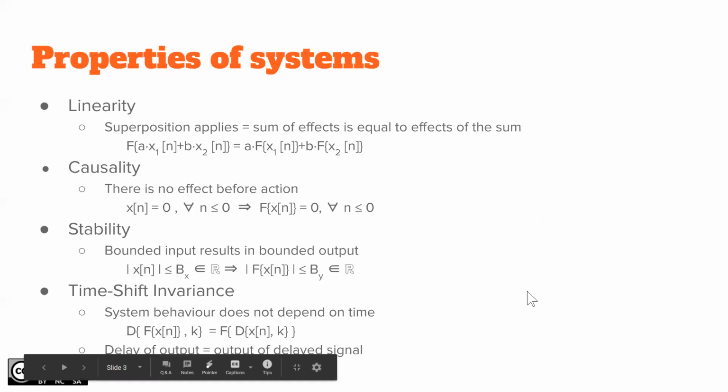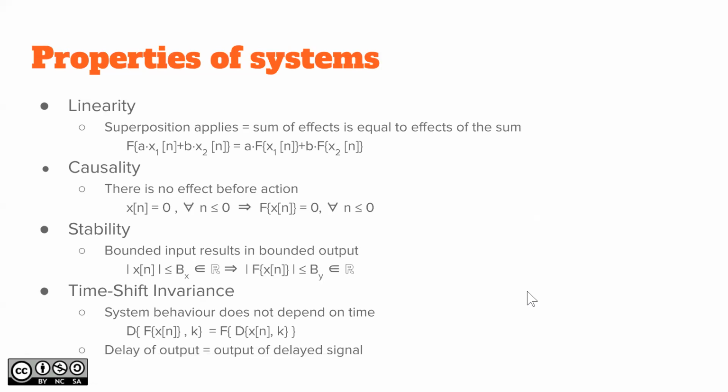Time shift invariance. So practically it means that system behavior does not depend on time, meaning the system remains constant in time. Again, time shift invariance is not a good or bad thing. A good example of a not time shift invariant system is a parking meter. You are paying only from 7 a.m. to 6 p.m. in the Helsinki region, I think.